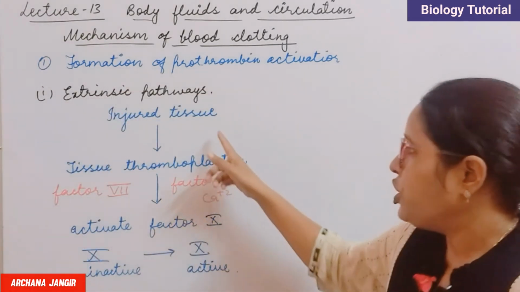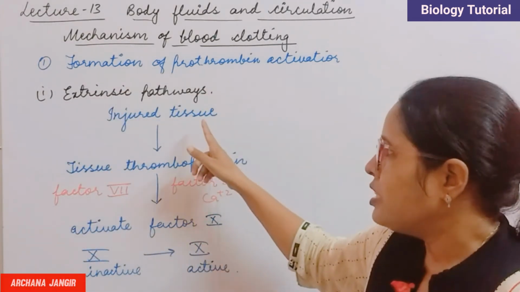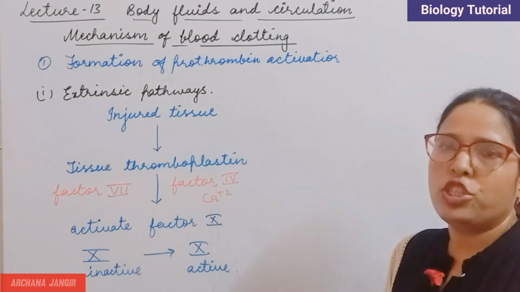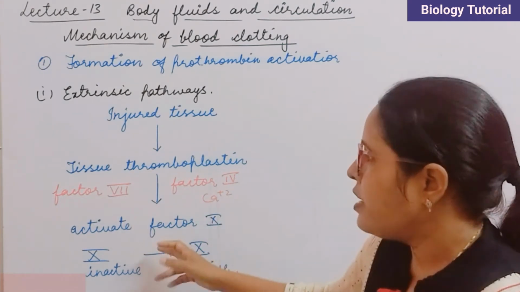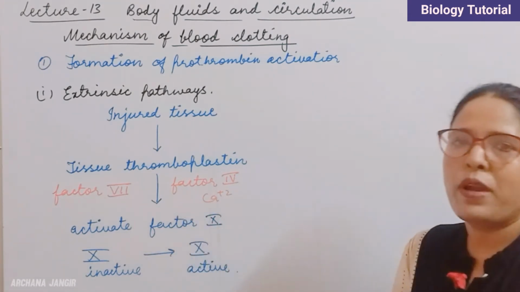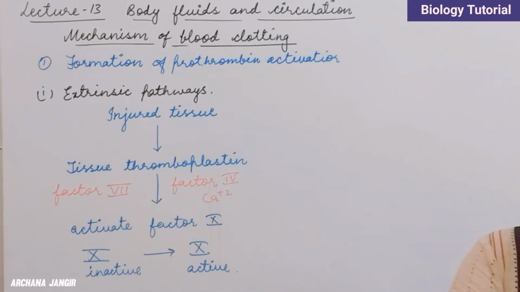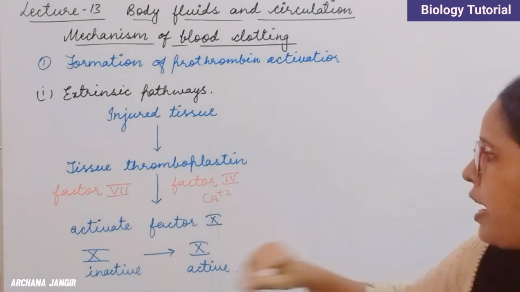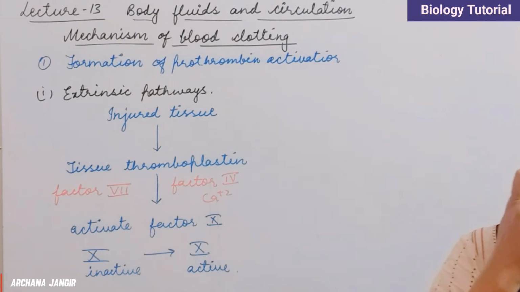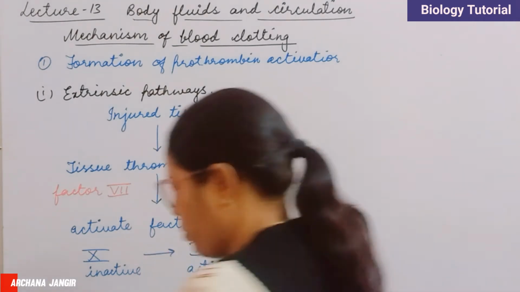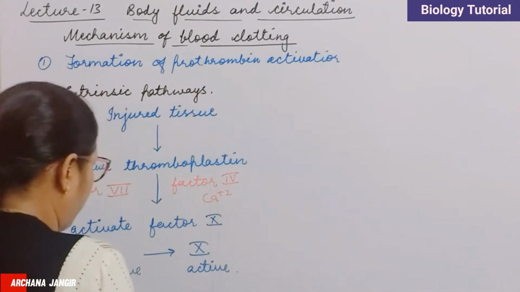Okay, what will happen? Firstly, the tissue gets injured. Injured tissue activates the tissue thromboplastin, and this tissue thromboplastin, in the presence of factor 7 and factor 4, activates factor 10. Now this factor 10 gets converted into prothrombin activator.